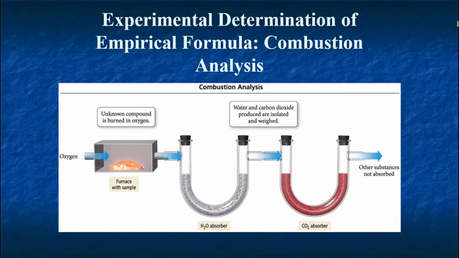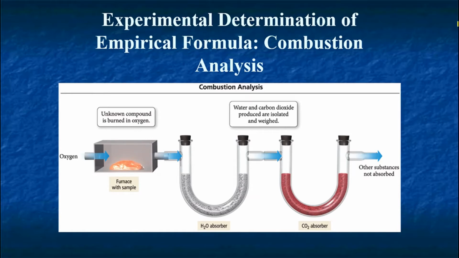In the Lavoisier apparatus, you put a tube that has a substance that is able to absorb water. You run the products of the combustion through there so that all of the water product is absorbed. The rest of the exhaust is then passed through a substance that absorbs carbon dioxide.